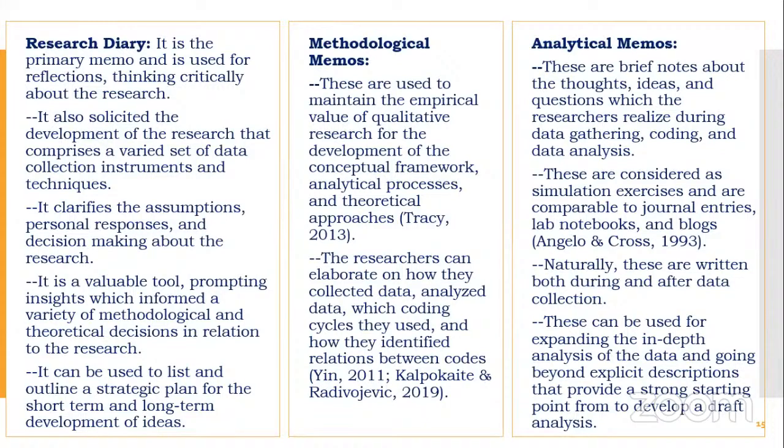It also solicits the development of the research that comprises a varied set of data collection instruments and techniques. It clarifies the assumptions, personal responses, and decision making about the research. Okay, so basically, it's like the kind of memo that the researcher writes to himself or herself.